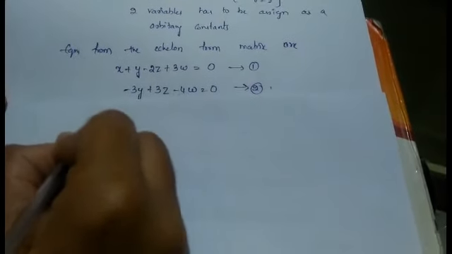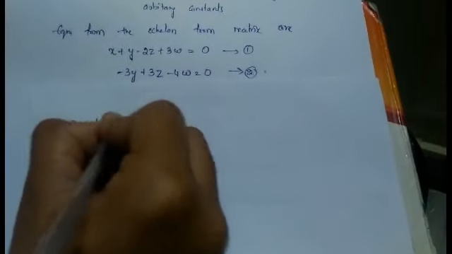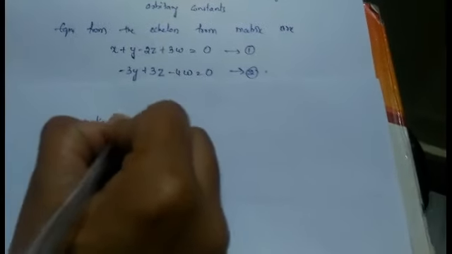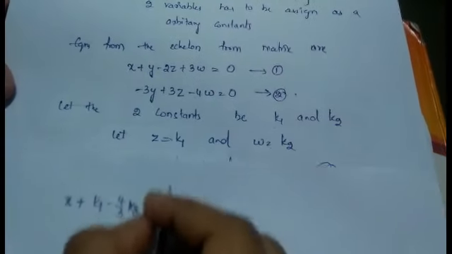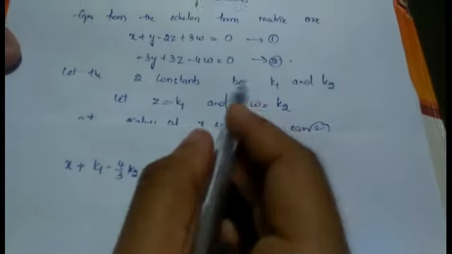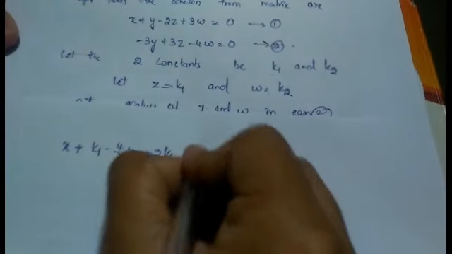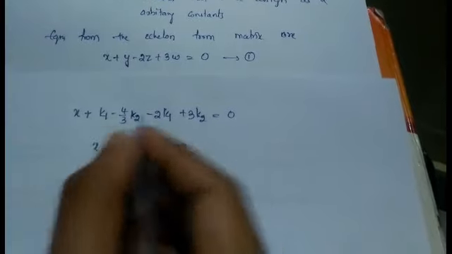Then we get x plus y value, which we got as k1 minus 4 by 3 k2, minus 2 into z, we have taken it as k1, plus 3, we have taken w as k2, and that is equal to 0. We get x minus k1 plus 5 by 3 k2 is equal to 0.